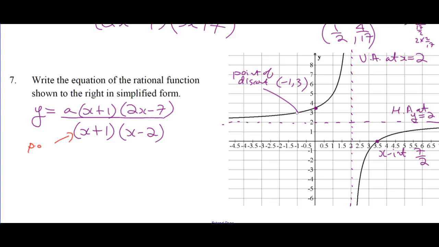This is the point of discontinuity. This comes from the vertical asymptote. This comes from the x-intercept. The point of discontinuity gave us the x plus 1 top and bottom. The x minus 2 gave us the vertical asymptote, and the 2x minus 7 gave us the x-intercept.